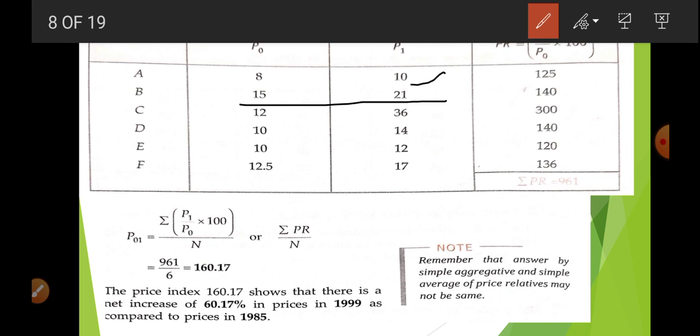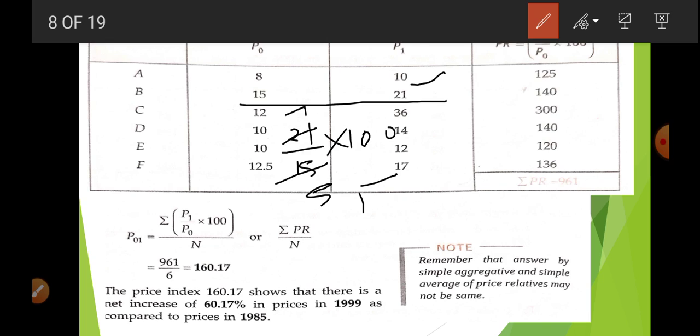So P1 is 21 upon 15 multiplied by 100. Okay. So we are going to do, 3 5s are 15, 3 7s are 21.